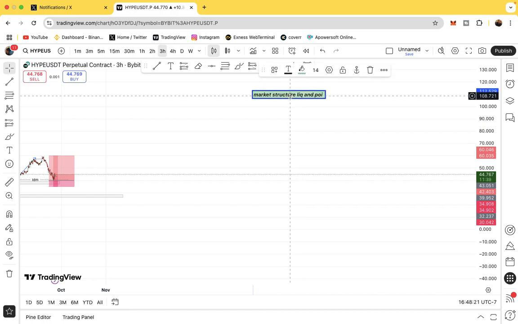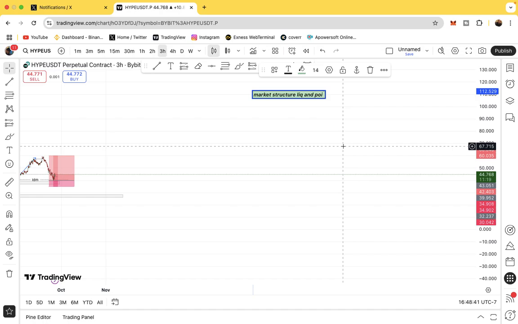Yeah. So market structure, let's go back to the basics here. Market structure is the direction in which the market is heading to. And just as I said, there are two things the market will be doing here. The market can either be in a trending market or in a ranging market.